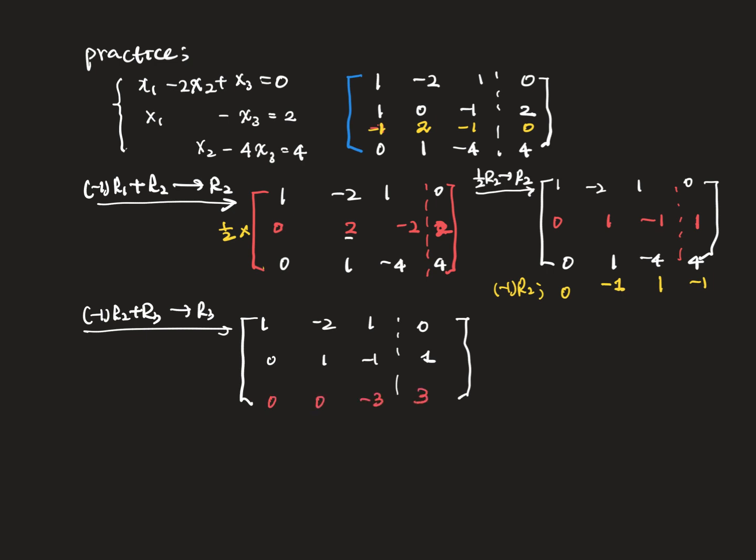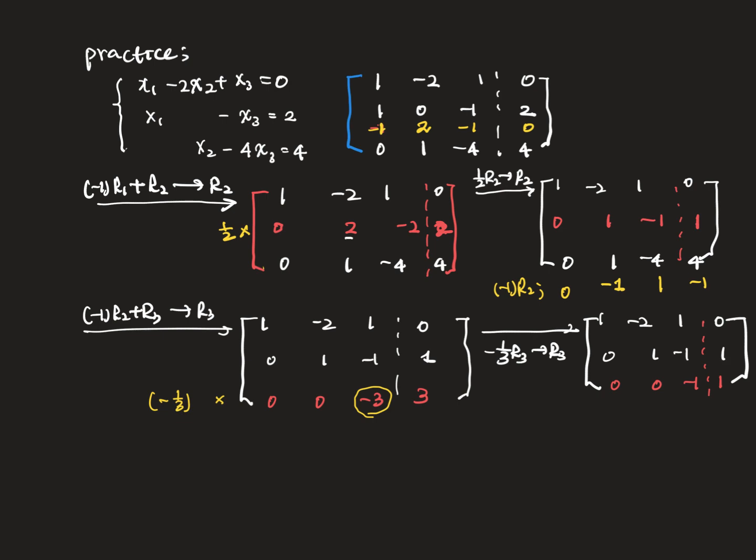So I want to make this one 1. You need to multiply by negative 1/3, right? So that's the operation: negative 1/3 R3 goes to R3. So you have a new third row: 0, 0, 1, negative 1. The first two rows don't change: 1, negative 2, 1, 0, and 0, 1, negative 1, and 1.